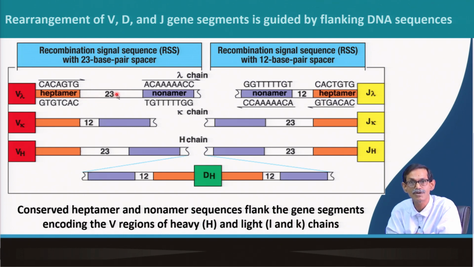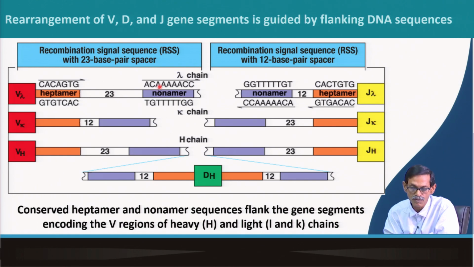This 23 is the number of nucleotides, which is random, I mean any nucleotide is possible. After this heptamer and 23, there is another repeat sequence, which is nonamer, that means 9 nucleotides, which is ACAAACC. So, this nonamer sequence, and it is definitely its complementary sequence, you know what it should be.